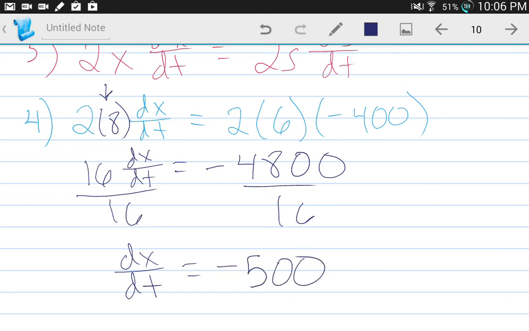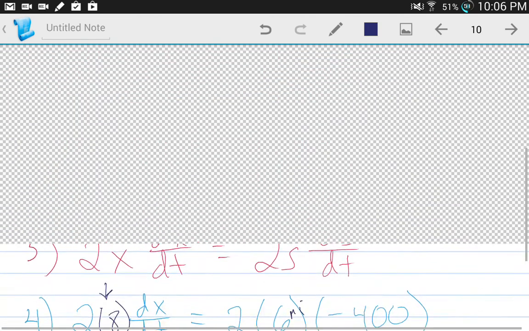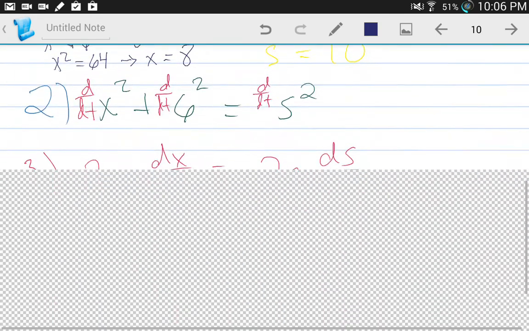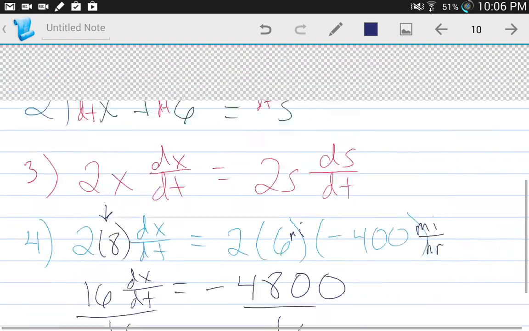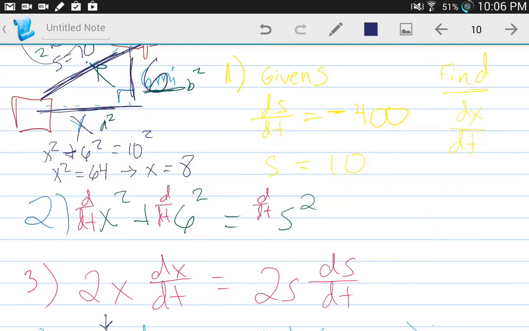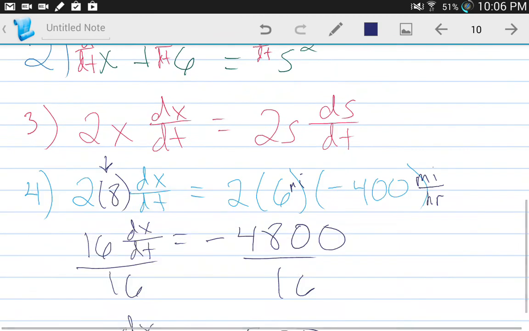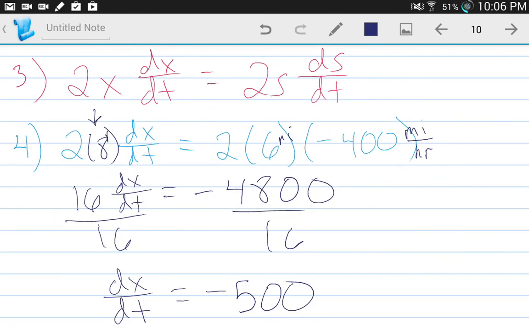And I forgot my units, so if you forget your units, just go back and plug them in. The S was in miles. Our negative 400 was in miles per hour. And then this 8, since we did a squared plus b squared equals c squared, and these are both in miles, x is also a distance, it's going to be in miles.